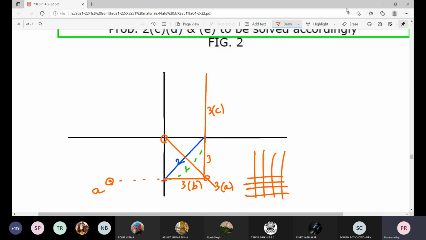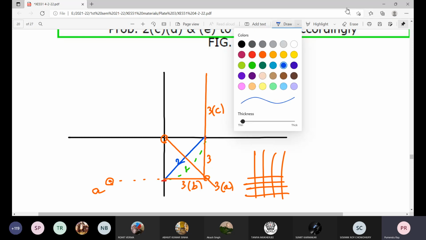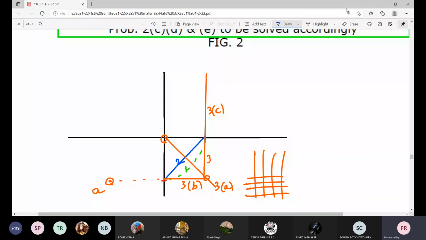Next thing, option 2. For option 2, you need to draw a series of 45-degree lines. If there are 7 points, you need to draw 7 45-degree lines. Horizontal and vertical lines are directly available from your drafter, but for 45-degree lines there is some possibility that you make an error while making those angles.